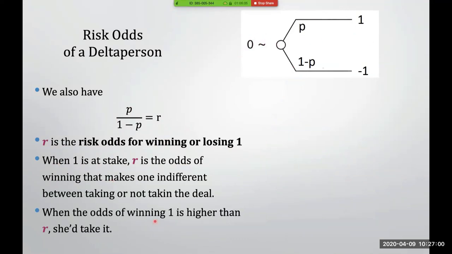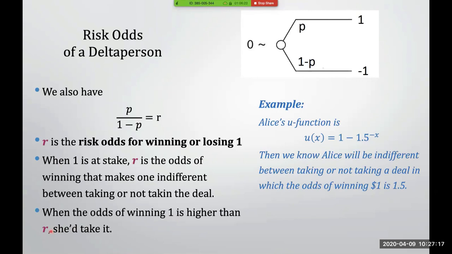Okay, and of course, if the odds of winning is higher than R, which means the probability of winning is higher than P, then a person would take it. So here is another example. Again, we're looking at Alice, and we know Alice will be indifferent between taking a deal or not taking a deal when the odds of winning $1 is just this R. If Alice is offered a deal with a higher odds of winning $1, she will take it.